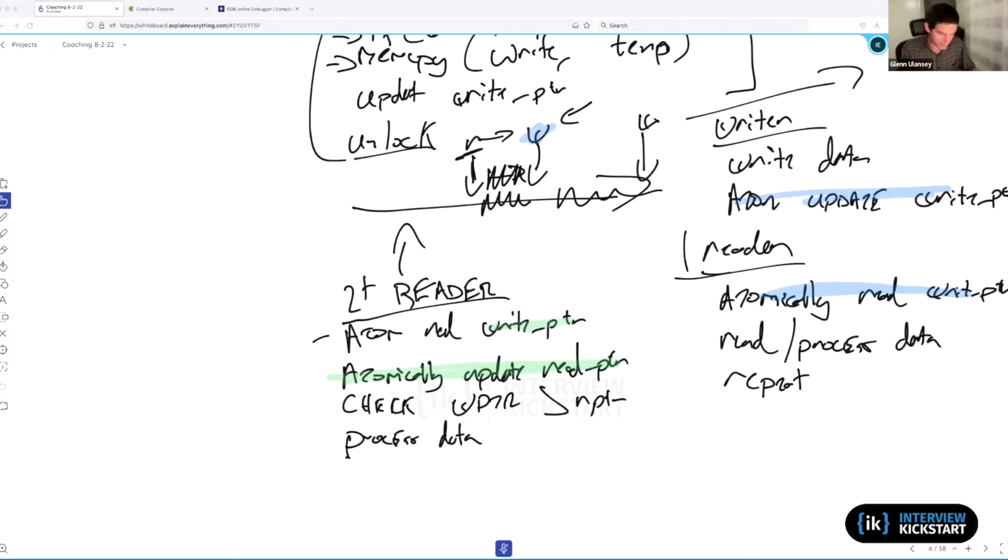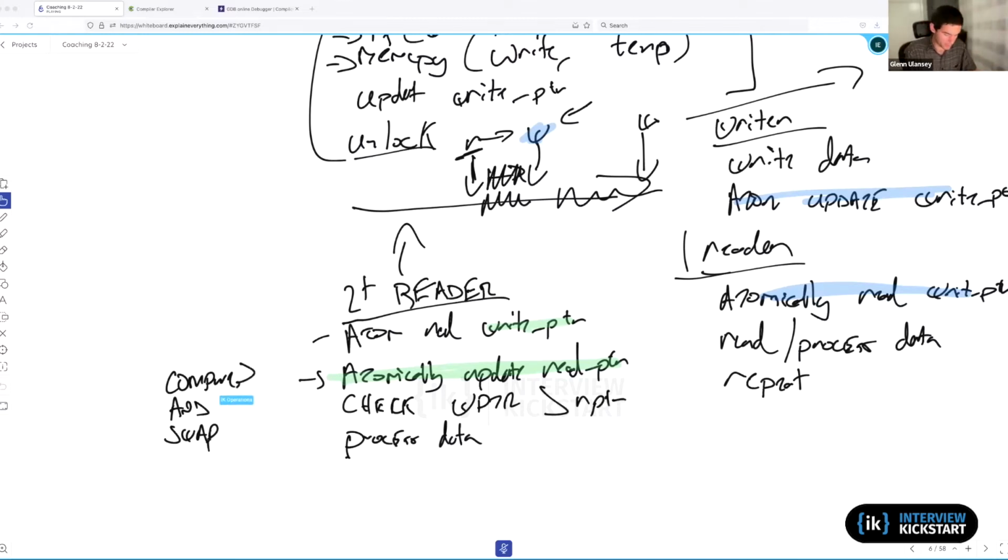So rather than doing a store, what we instead need to do is something along the lines of a compare and swap. What we want is to only update the read pointer if no one else has yet updated the read pointer. And if someone else has snuck in and updated the read pointer ahead of us, then we want to potentially bail out.